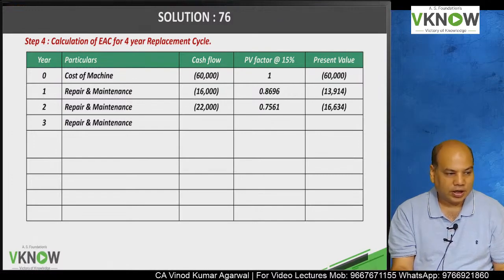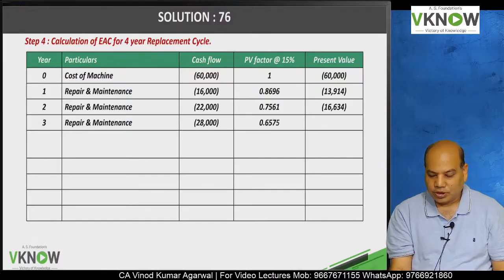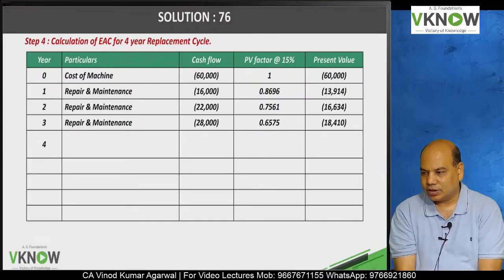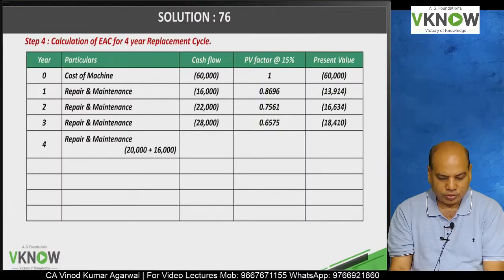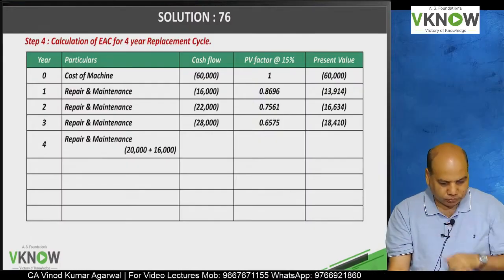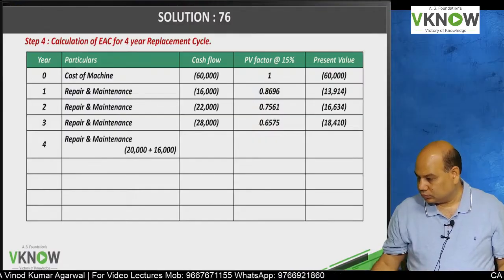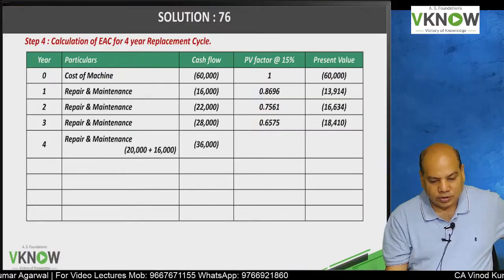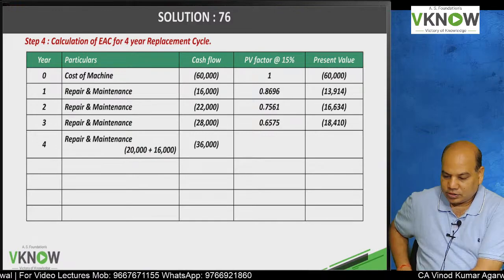Year 3 again repairs and maintenance, a very easy question, 28,000. Copy both factor and value from the previous table. Year 4 you have to compute. Year 4 we have 20,000 plus 16,000 repairs and maintenance, that is 36,000.